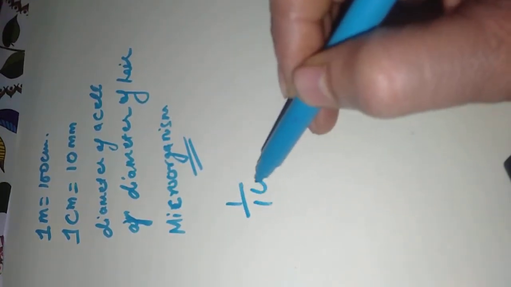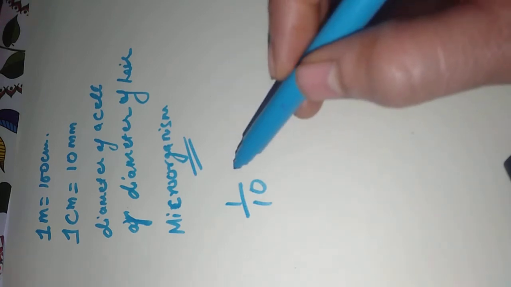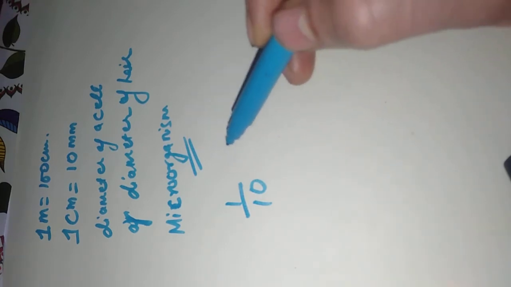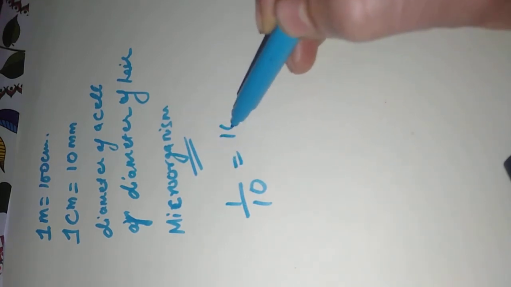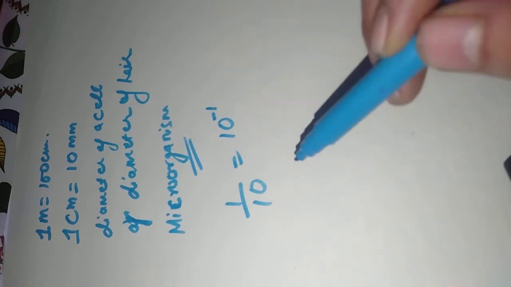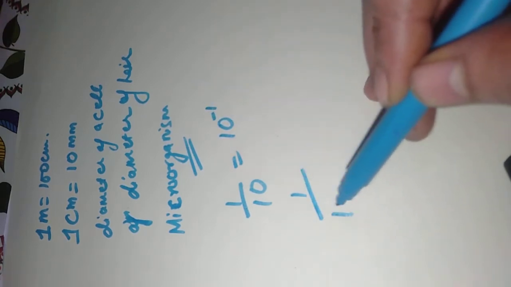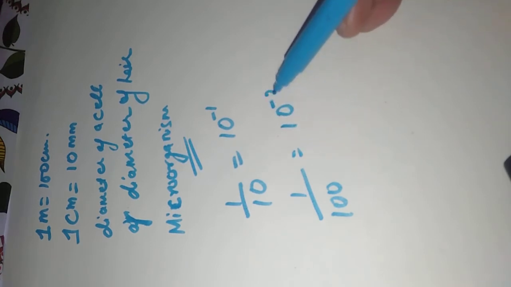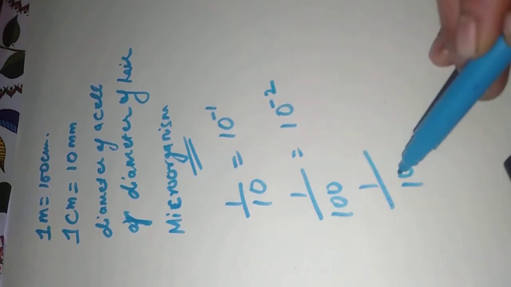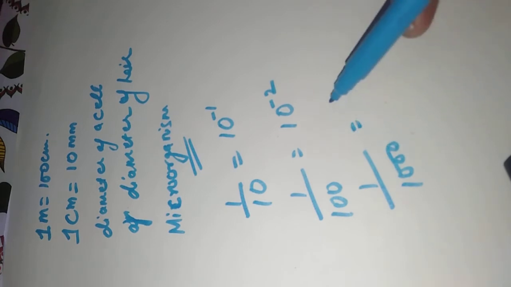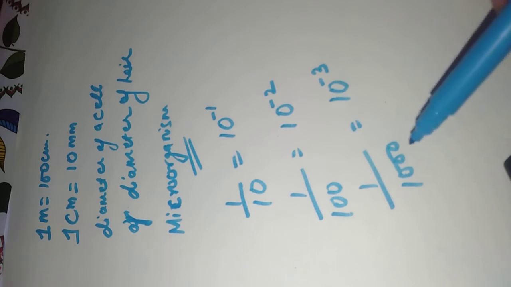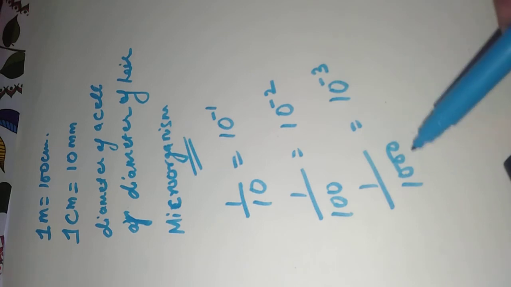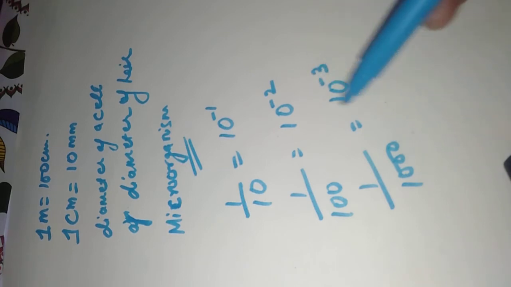Now just see that 1 upon 10 is written as 10 to the power minus 1. 1 upon 100 is expressed as 10 to the power minus 2. 1 upon 1000 is expressed as 10 to the power minus 3. So as the multiple of 10 in the denominator increases, the negative power increases.